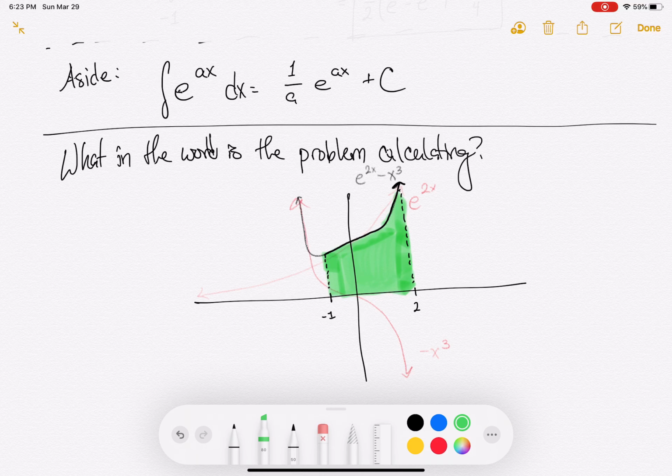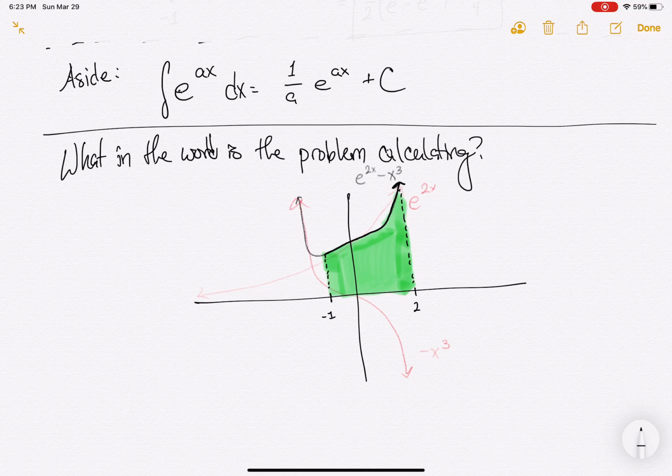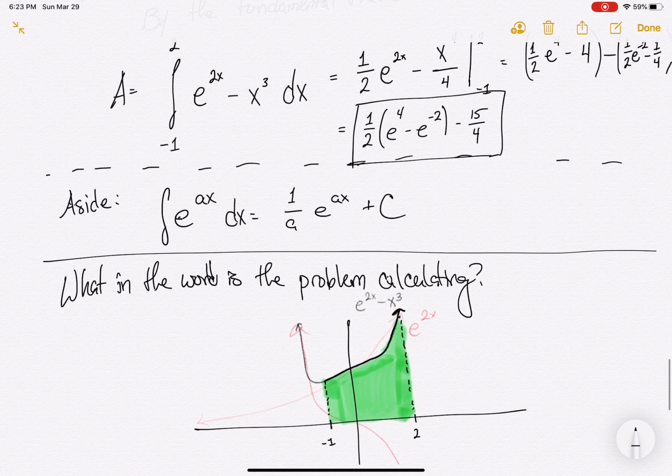We just found out that this area A is given by that crazy number up there.